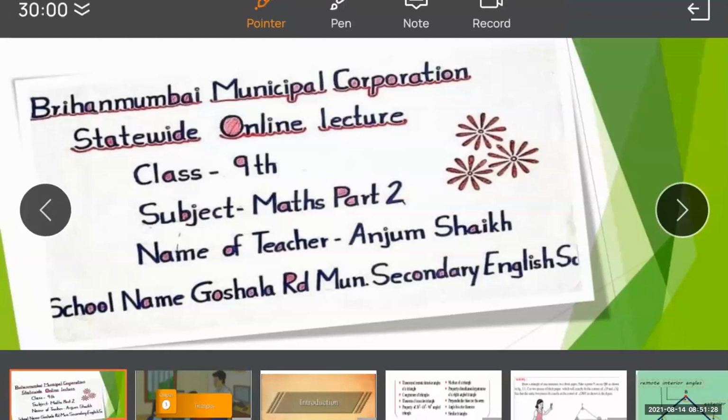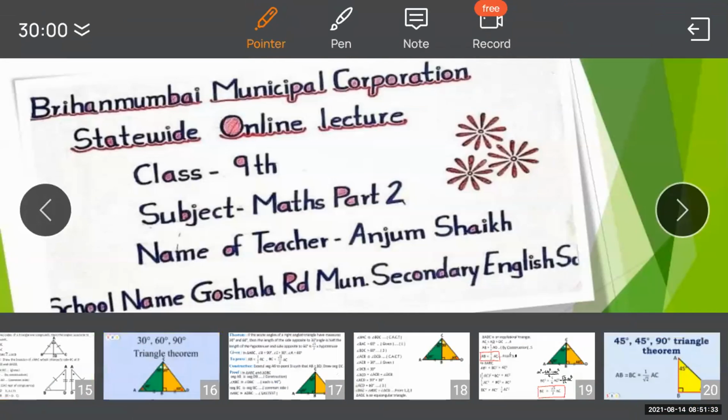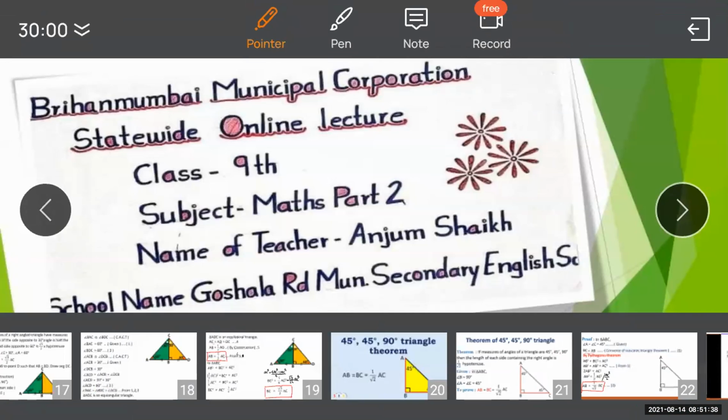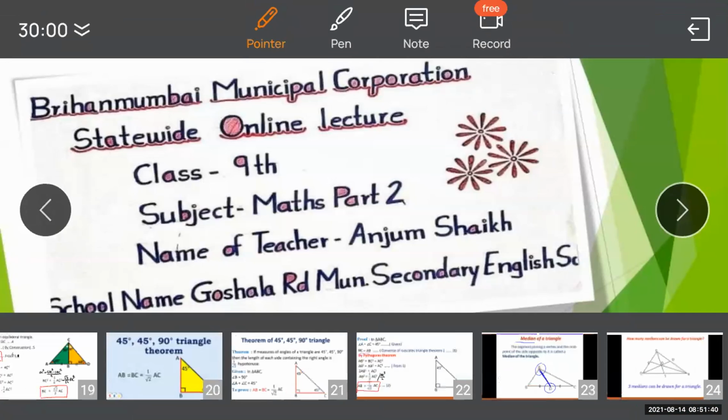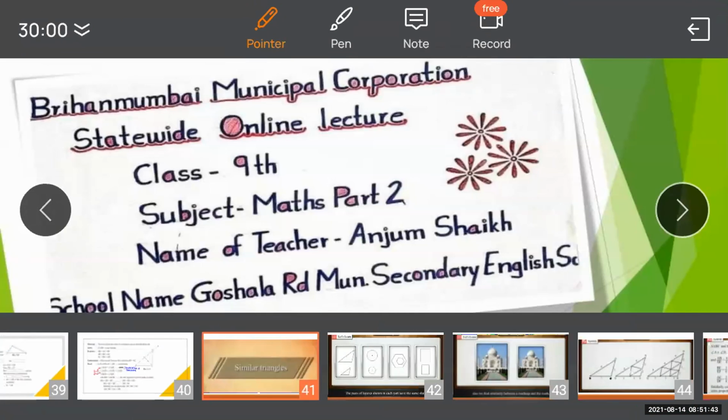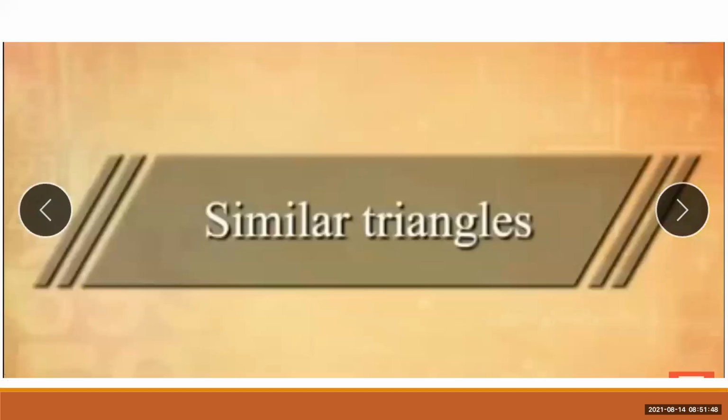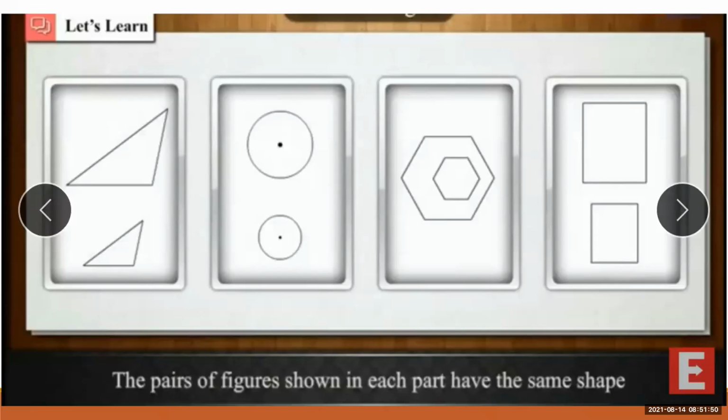The topic of today is similar triangles. Now let's see the diagram. Here you can see a pair of different geometrical shapes: two triangles, two circles, two hexagons, and two rectangles.